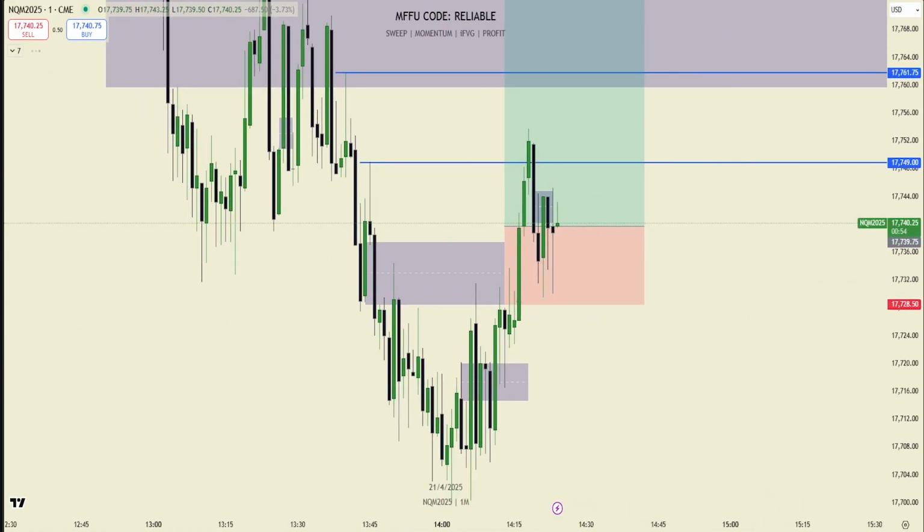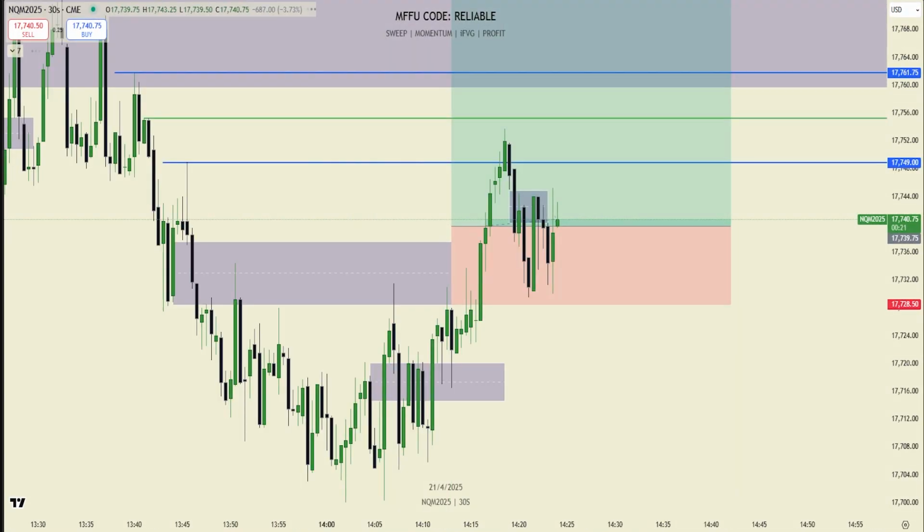Okay, so we're respecting bullish PD arrays, disrespecting bearish ones. So maybe we have flipped and we do want to be bullish here.